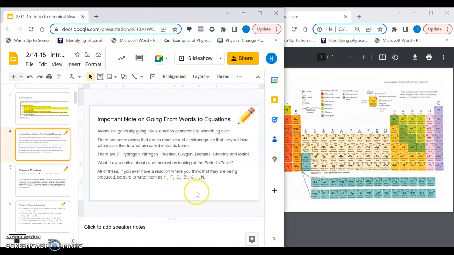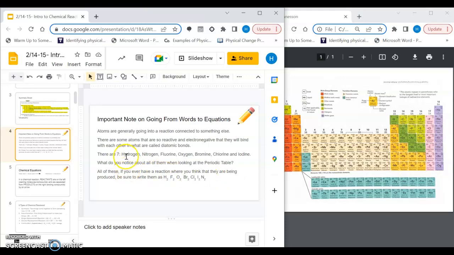So generally when we have atoms in a chemical reaction, they're connected to something at the beginning, they're connected to something at the end, and we just changed how they're connected to each other. One important exception to that is that there are these 7 atoms that are incredibly electronegative and very reactive, and if there's nothing else for them to bind to, they will bind to themselves.